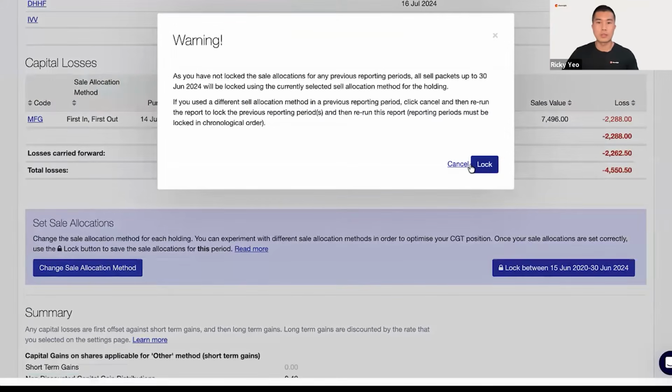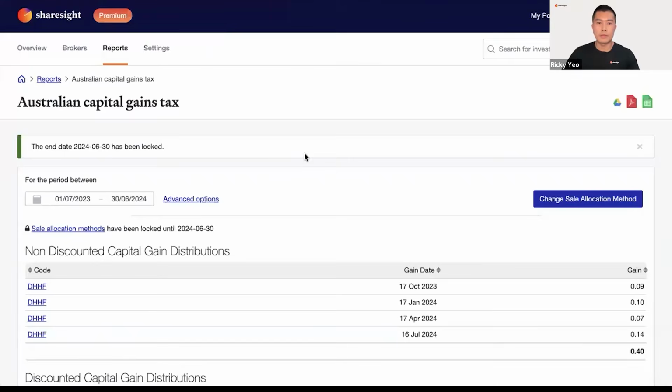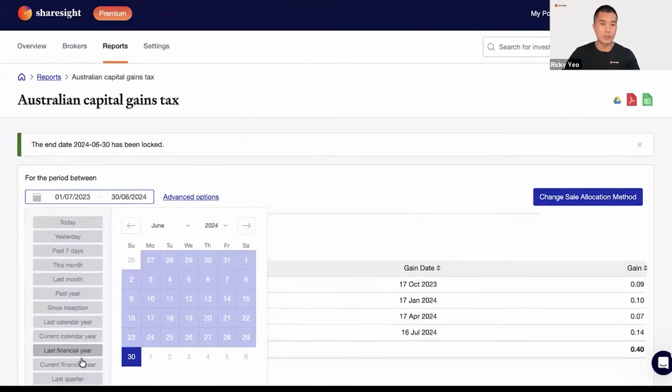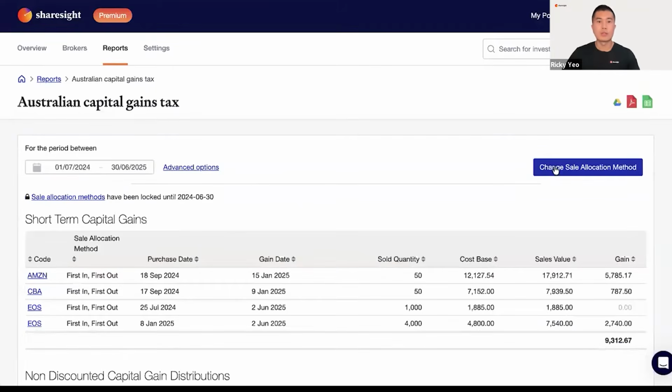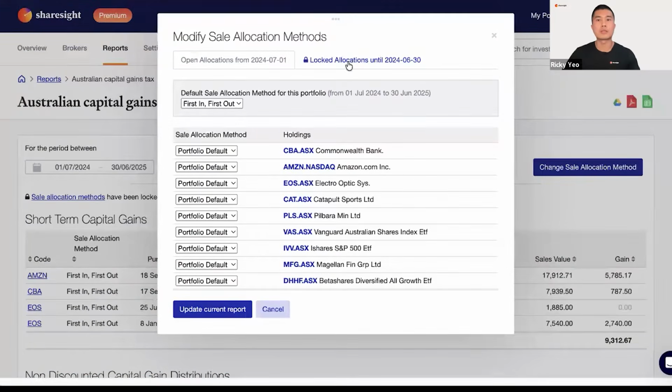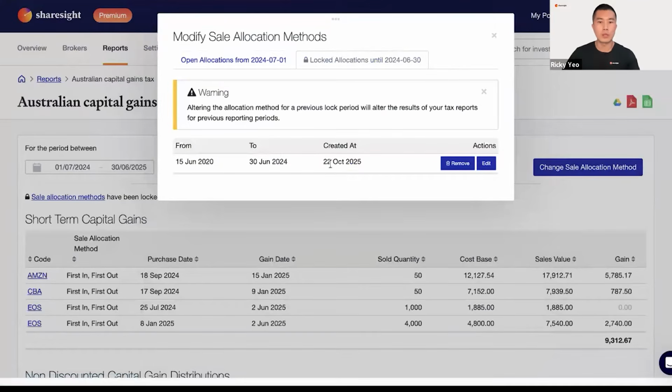So if I log this, everything will be logged. And then if I run the last financial year, so for 2025, and I want to change my sell allocation methods, you can see there's a log here that is being created today from this period to 30th of June 2024.